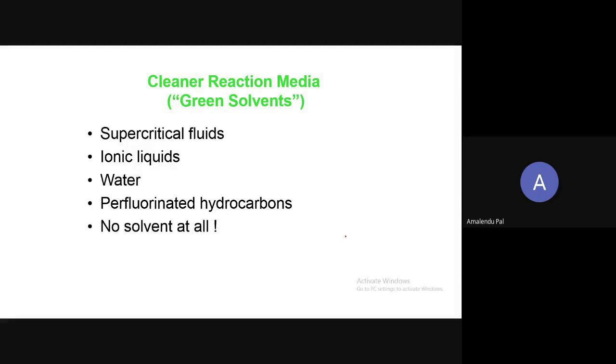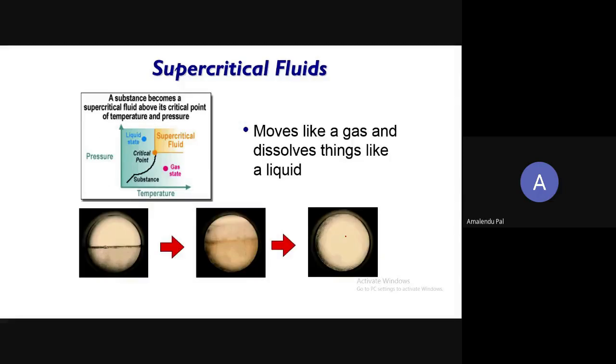But with supercritical fluid, I am telling you, there is a problem. A substance becomes a supercritical fluid above its critical point of temperature. This is the critical point of temperature. It is very difficult to prepare supercritical fluid. We have to consider the cost. We have to consider the availability.